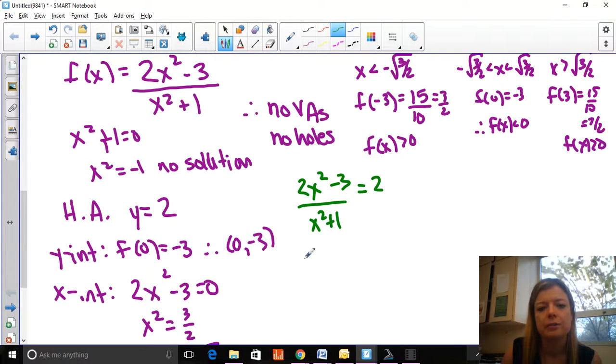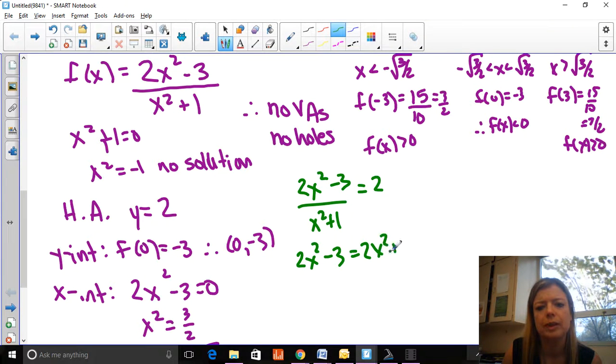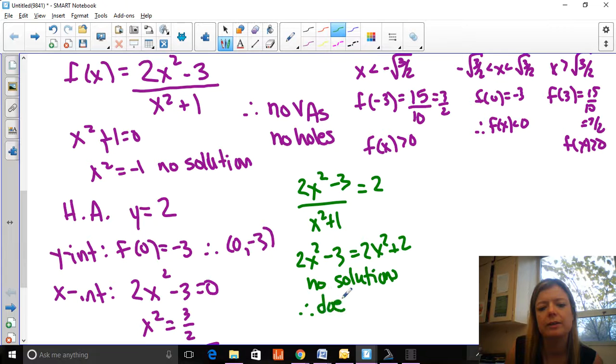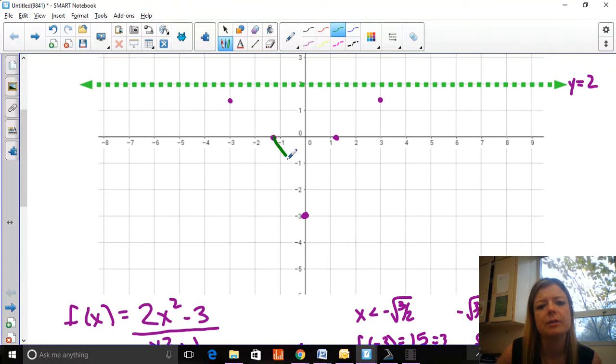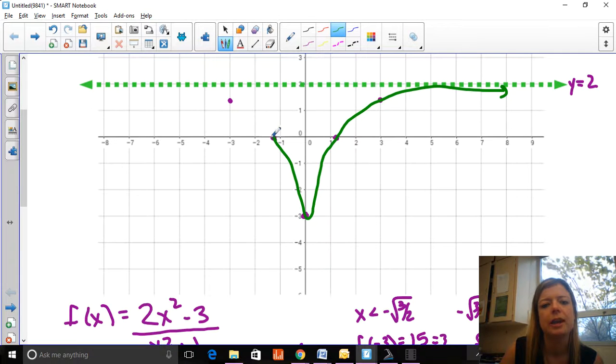Does that ever equal 2? So then I cross multiply, and you'll see that there'll be no solutions to this. Because you can't have 2x squared minus 3 equaling something that's 2x squared plus 2. That just doesn't make sense. So therefore, it doesn't cross the horizontal asymptote. Okay, so from that, I'm pretty confident that this is going to go down and back up, and then through this point, and approach the asymptote like this.